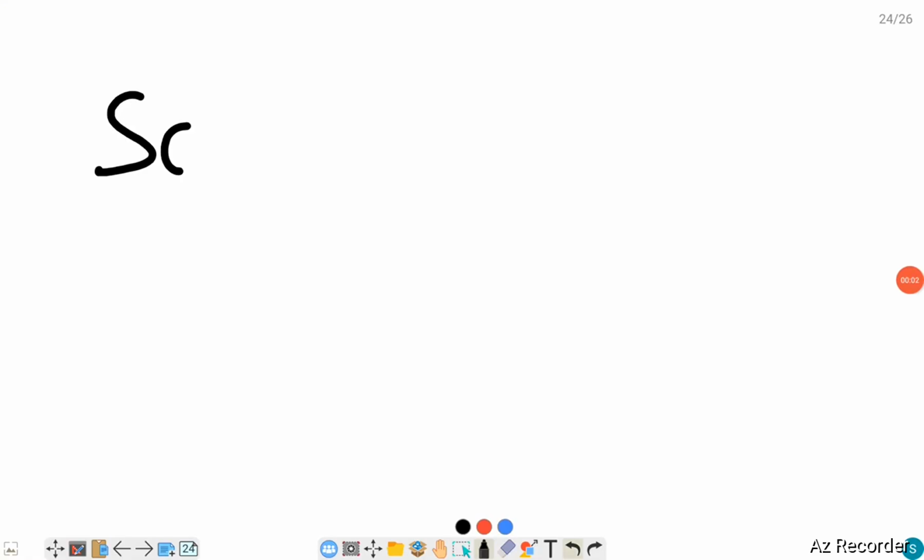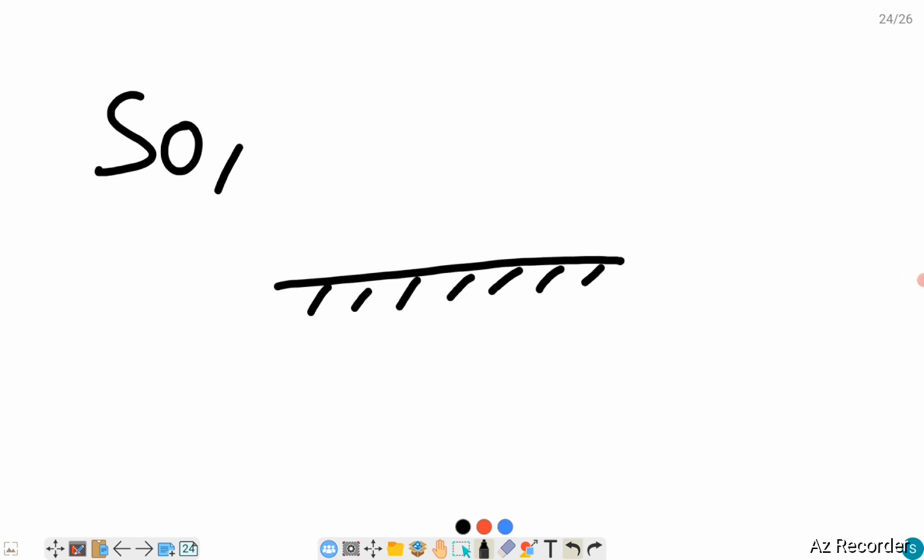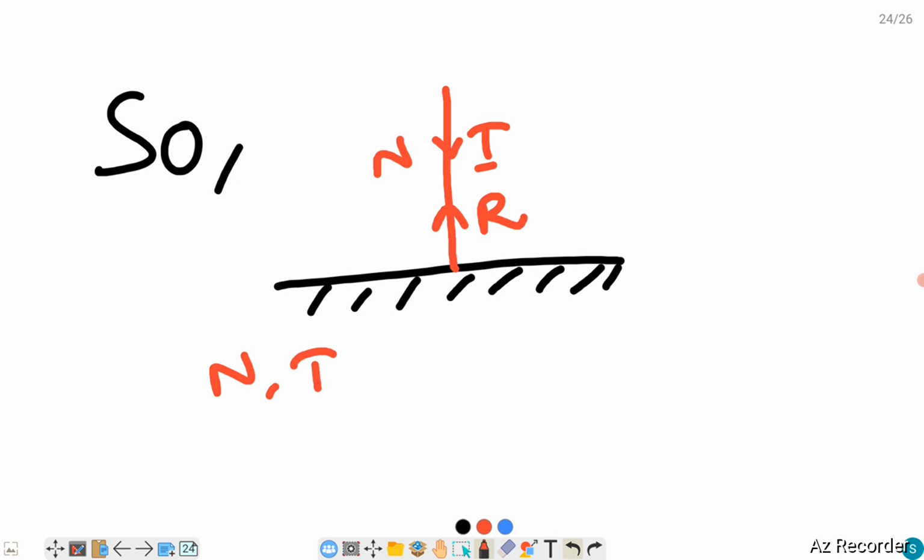So, by seeing in the simulator, we understood that whenever the incident ray is normal to the mirror, normal means what? Making a 90-degree angle with the mirror, the reflected ray will be on the same ray. That means the reflected ray retraces its own path. It is because between the normal and the incident ray, what is the angle when there is normal incidence?